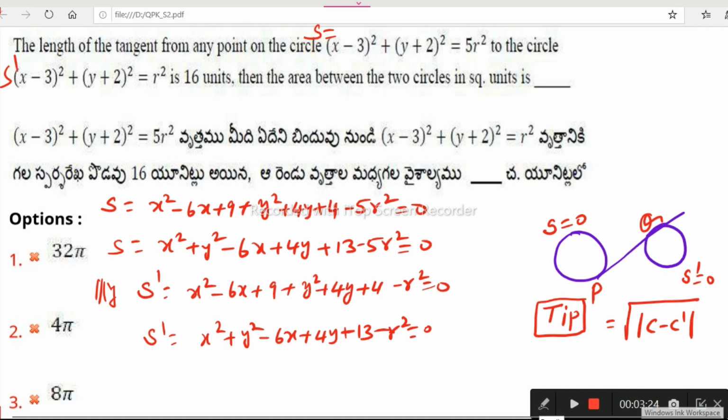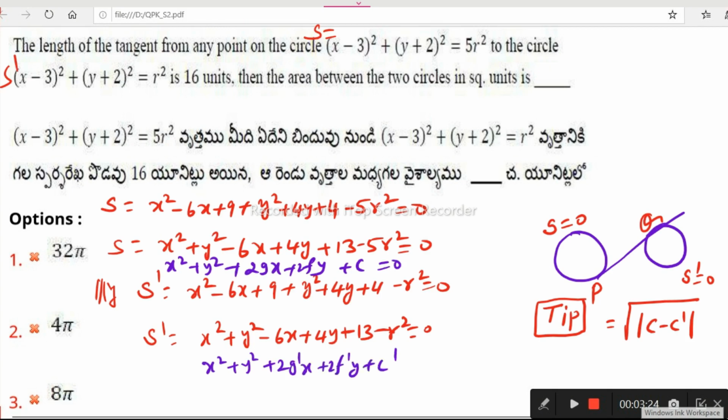Two circles ని x square plus y square plus 2gx plus 2fy plus c అనుకుందాం, okay. Next circle x square plus y square plus 2g dash x plus 2f dash y plus c dash is equal 0, other circle. ఇప్పుడు మనకి length of the tangent ఏంటి, ఇచ్చాను tip, here root of mod c minus c dash.